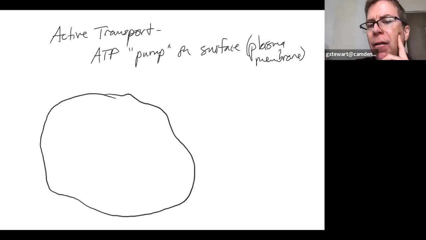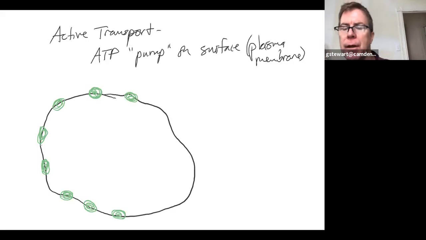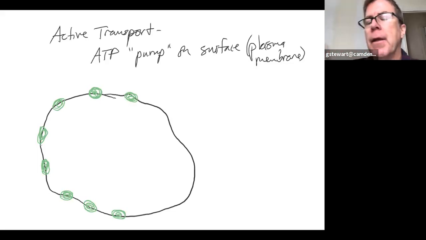So this is a cell, and I'm just going to use a green color. There's an ATP pump, and they're located on the plasma membrane, and their sole job is to push certain things in and out of the cell against their will, against what they want to do.